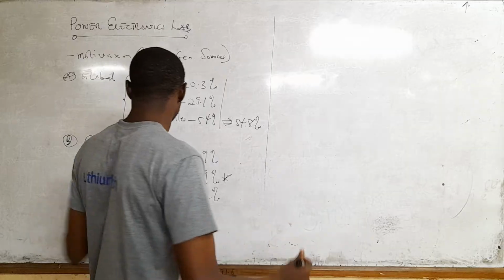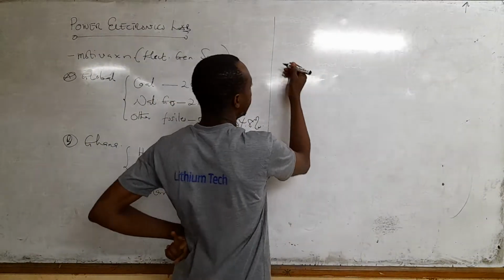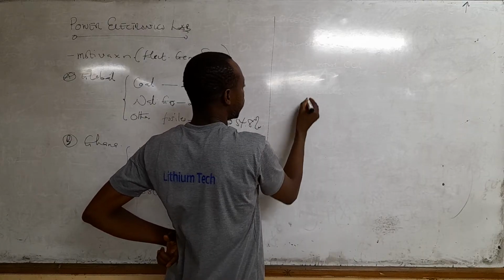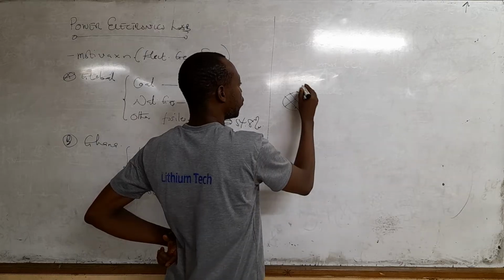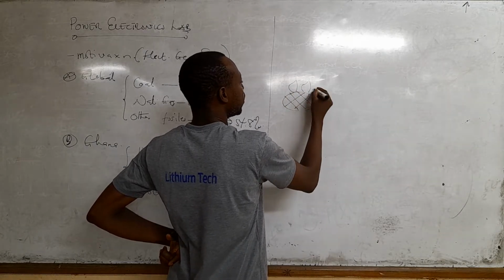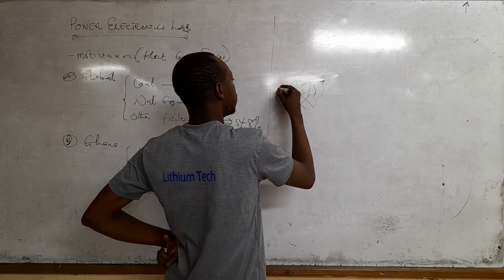If I have a thermal energy source like coal, and you heat the coal, at the end of the day you are going to get heat energy out of it.